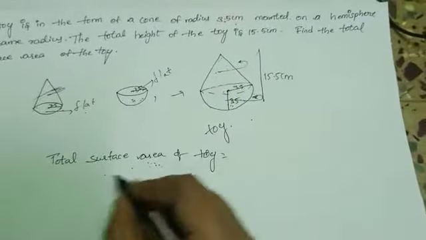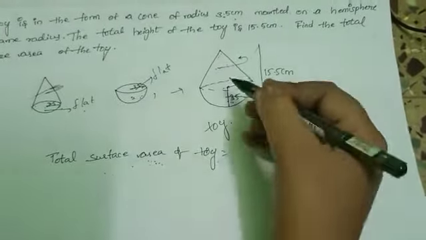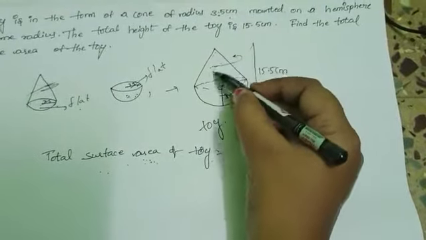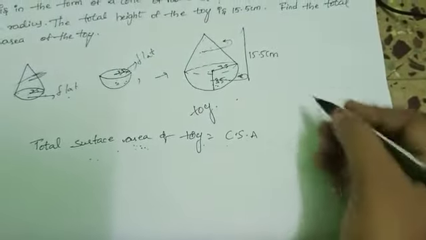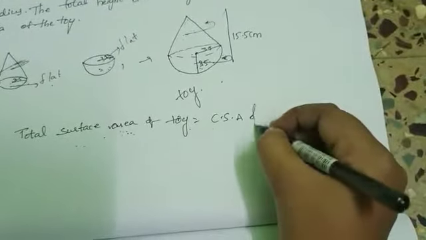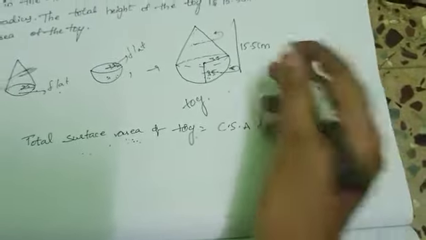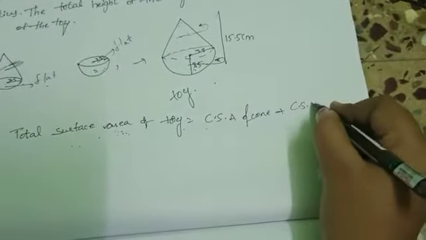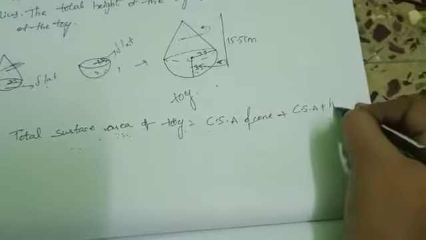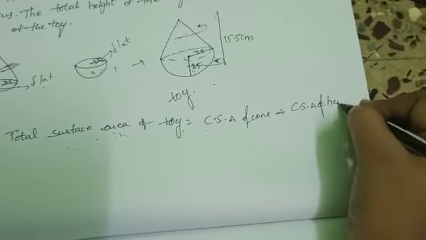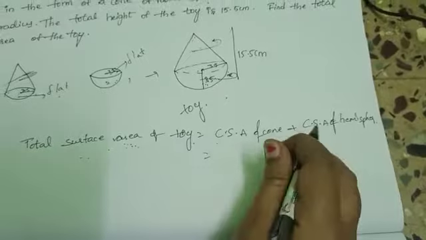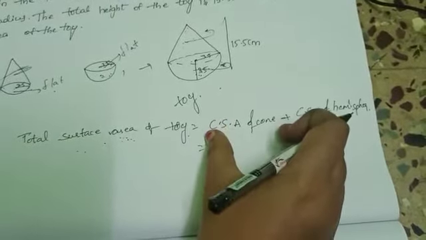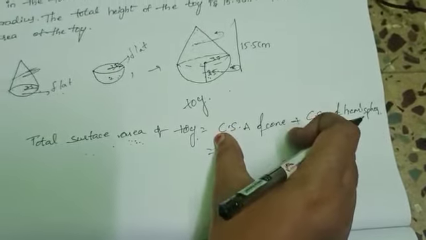So the total surface area of the toy equals the curved surface area, short form CSA, of the cone, the above part, plus the curved surface area of the hemisphere, the below one. What is the formula for the curved surface area of the cone?